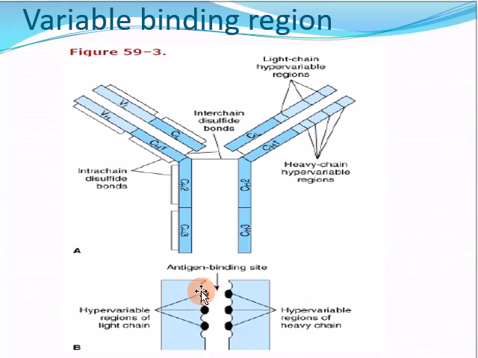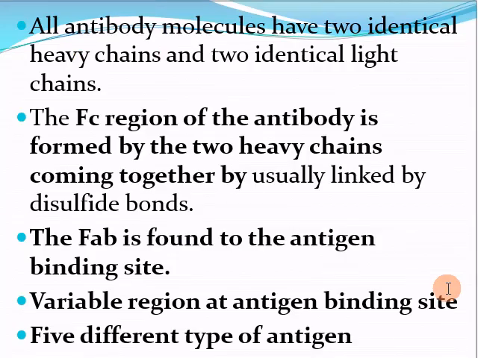Just look at these different reactive regions where you will see the four chains come together and bind each other strongly, right? Now what you have to understand are the different regions: the FC regions and the FAB regions. The FC region is the constant region, the fragment constant region of the antibody.